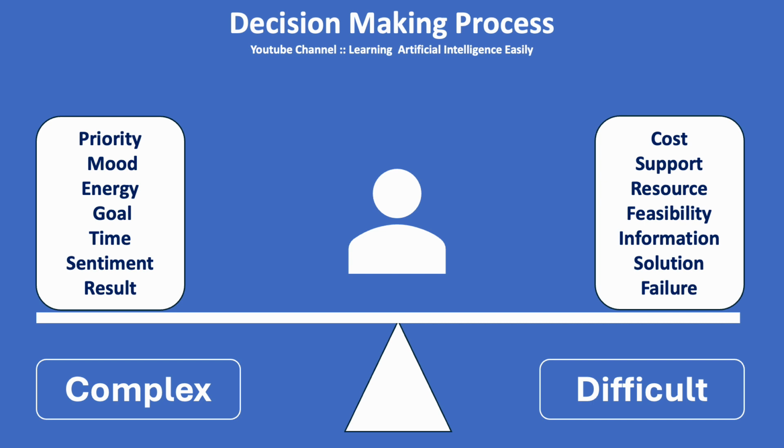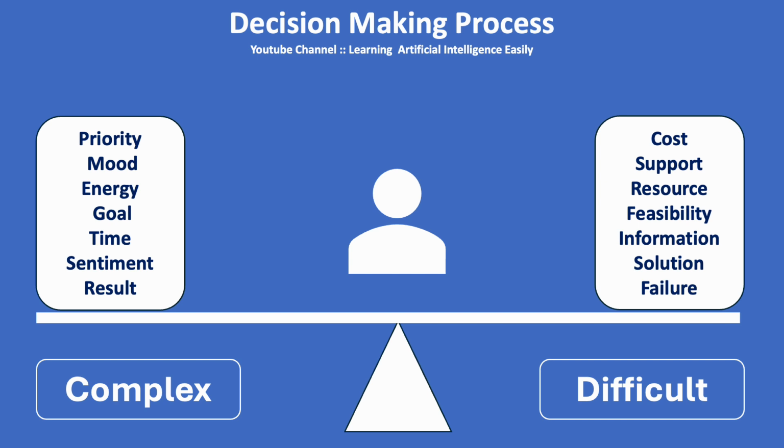Other than that, I just want to call out that the human decision making process is complex and difficult. I hope so far you are with me and you're able to understand the decision making process and the attributes that I have highlighted in the presentation.